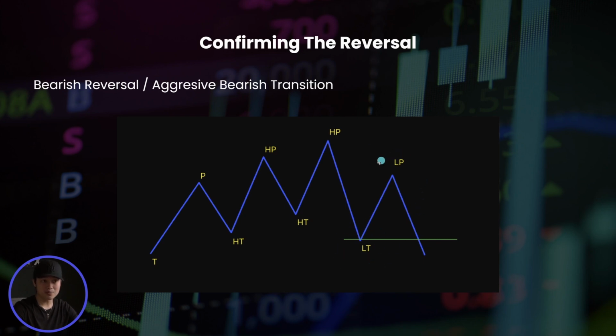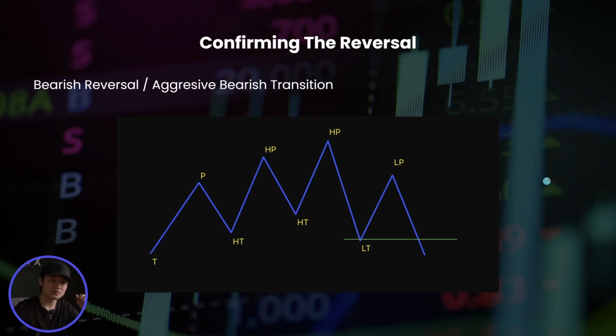Of course, the lower peak right here is our signal that the bearish momentum, or the bearish volume, has entered the market. And then after that, if you want to make sure the price has really confirmed its bearish momentum, you have to wait for the breakout of its previous lower trough right here.